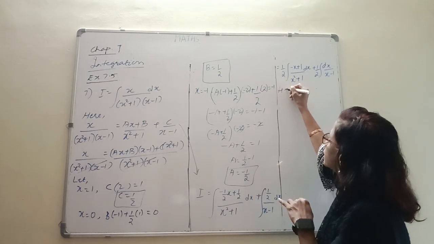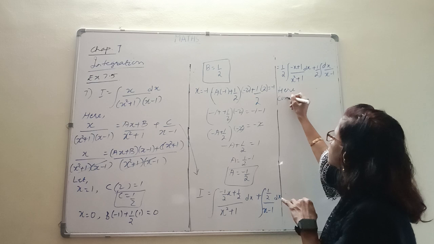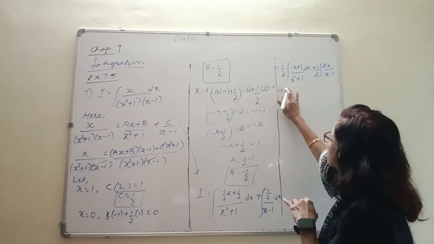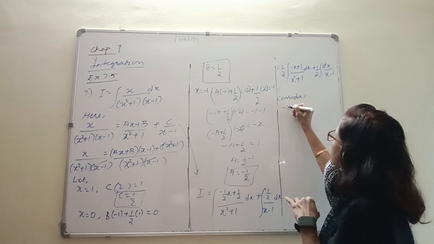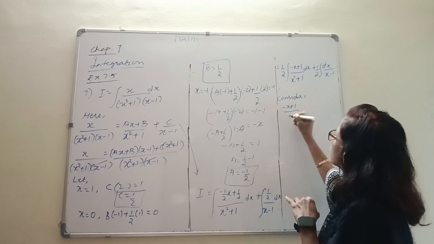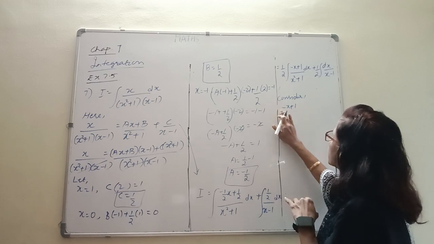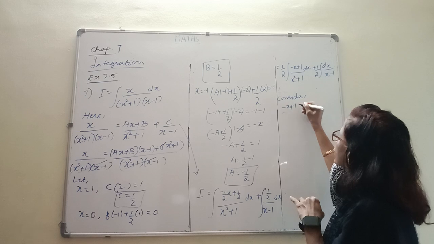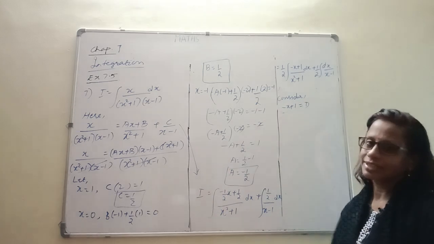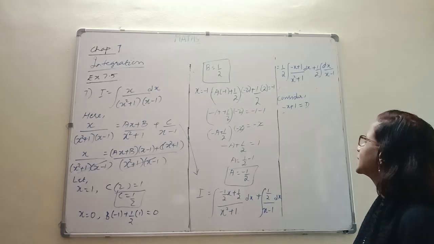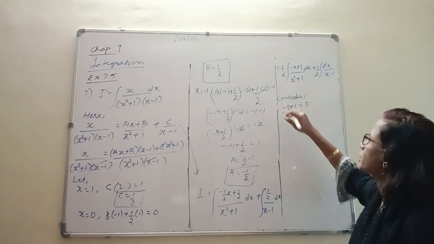So here, let's consider negative x plus 1. Now this negative x plus 1 you express as d times, because we have already used till c, so I'm calling it d times, the derivative of the denominator.